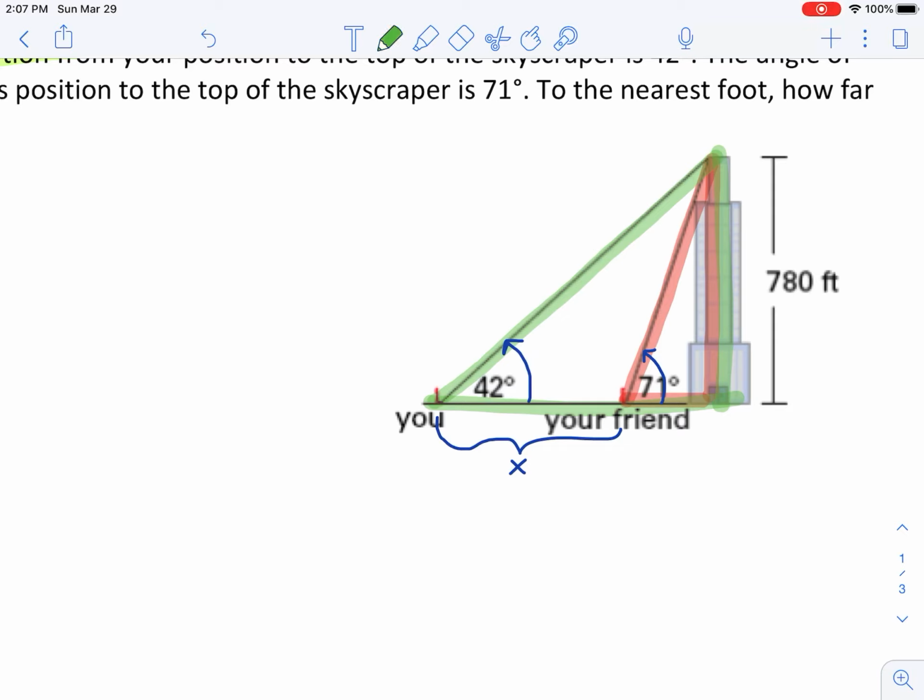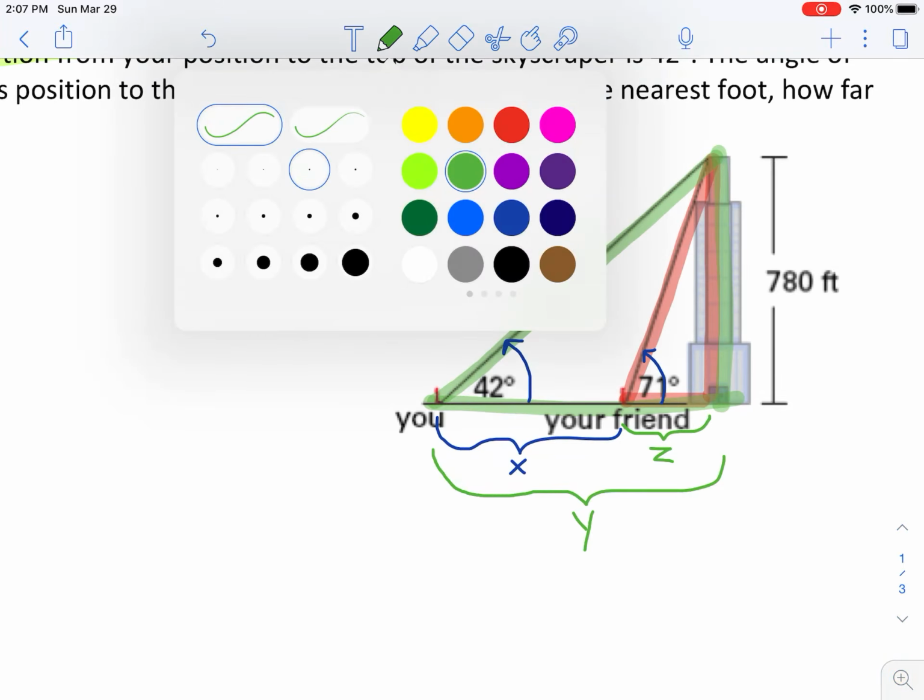You can find the total distance that you are from the building. Let's call that y. You can find the distance your friend is from the building. Let's call that z, because both of those involve the right triangles.